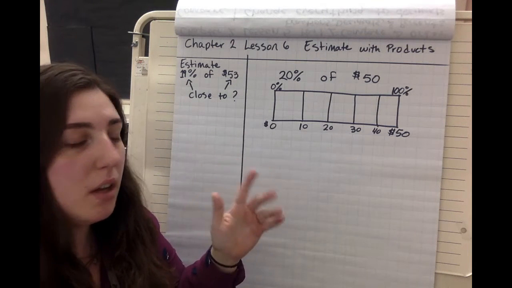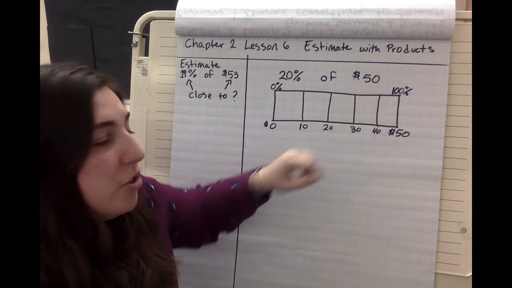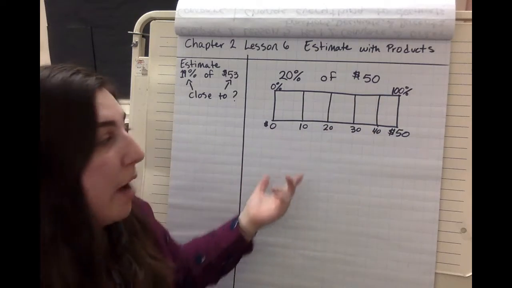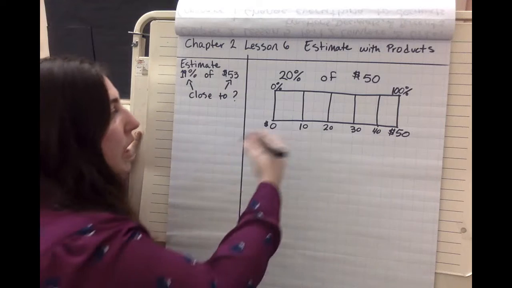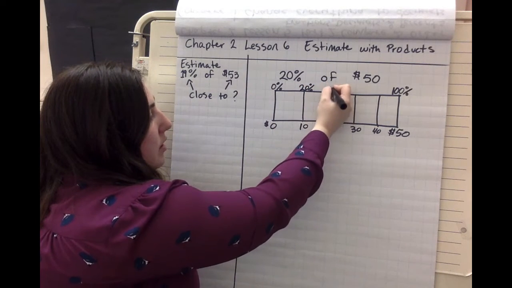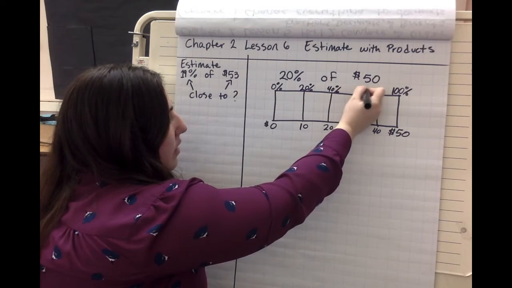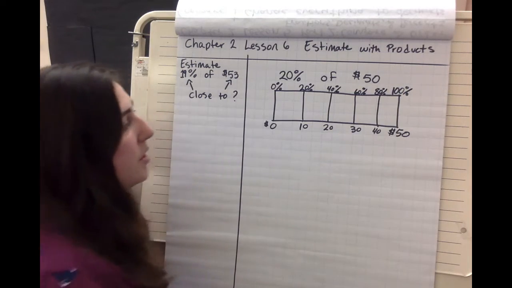If you're ever struggling with how much should go in each section, just do 100 divided by however many sections you have. In this case, it's 5, and you'll get 20. So this is 20%, this is 40%, 60%, 80%, and we're at 100%.